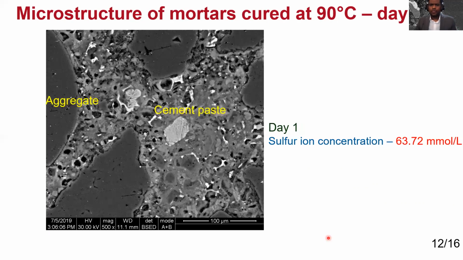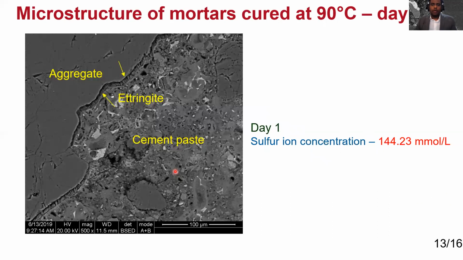In the case of non-expansive heat cure systems, although there was an increase in the sulfur ion at 24 hours, at 58 days, no ettringite cluster is visible in the micrographs. Voids due to the accelerated hydration alone are visible, but the absence of ettringite clusters matches with the non-expansive nature of the system.